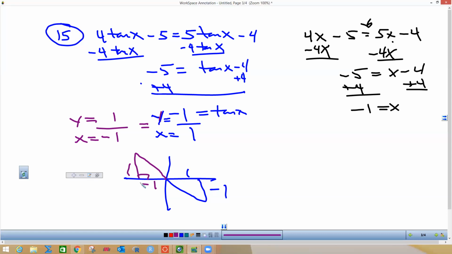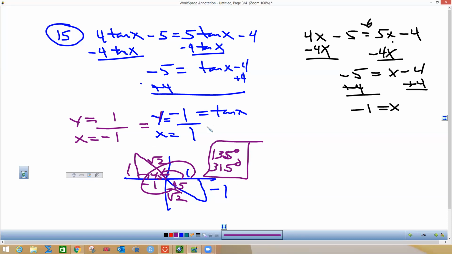This is a special 45, 45, 90. Radical 2 here. Radical 2 here. Does anybody remember what these angles are? 45s. These are the reference angles we need. And so we're going to get 1 there, which is going to be 135 degrees. And then this one right here is 360 minus 45. That's 315 degrees. And we just did that whole problem. That's the answer to 15.